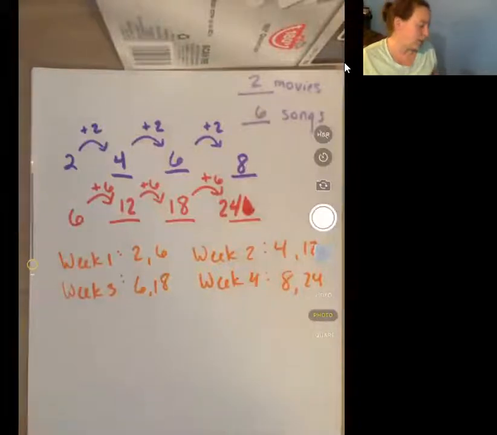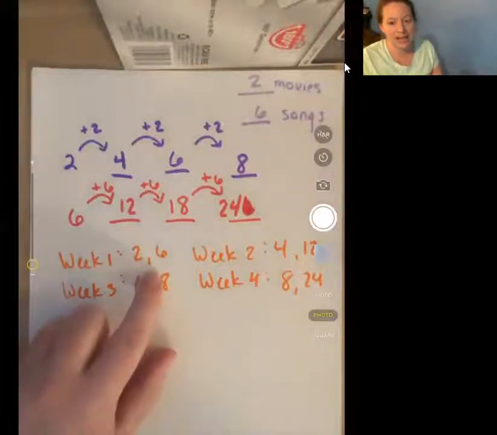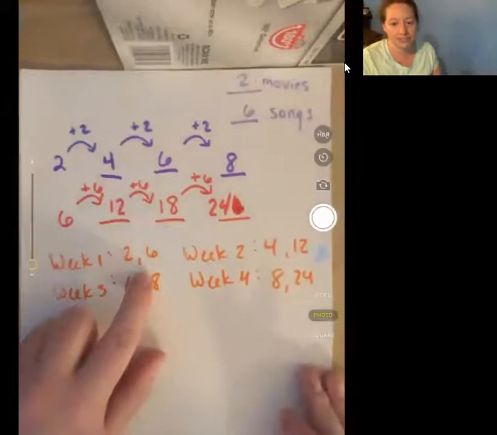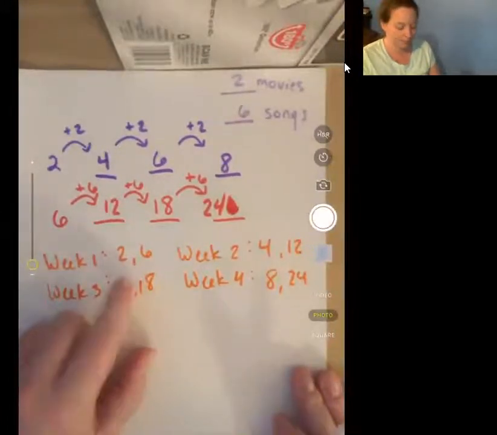Step 3, for each number pair, compare the number of movies to the number of songs. Write a rule that describes this relationship. So the second number is how many times as much as the first number?